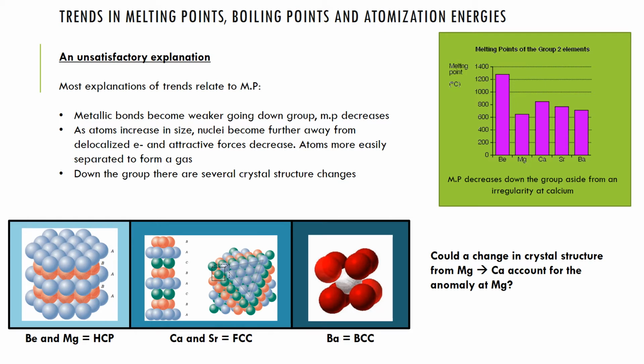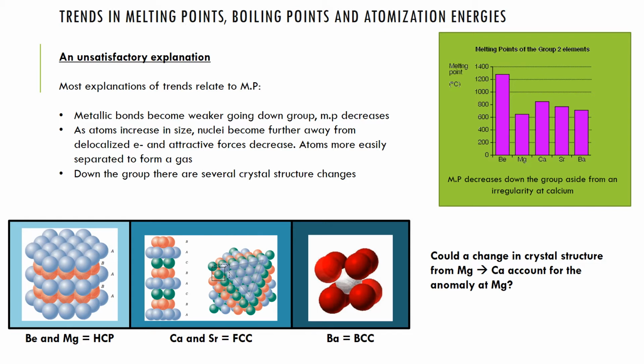Now, we can explain a broad decrease in melting point as you go down the group by considering the strength of the metallic bonds. We spoke about this last week when discussing the group 1 metals: the metallic bond becomes weaker as you go down the group. We explained that by a very simple proximity argument and a very simple model of metallic bonding.